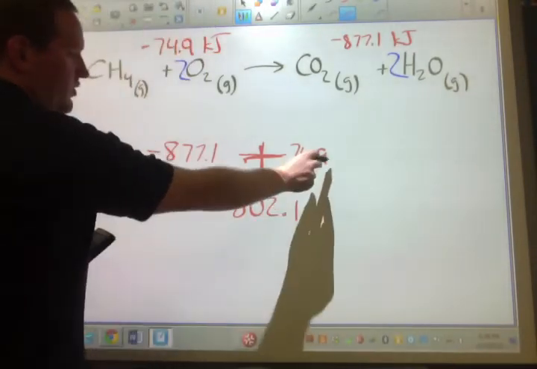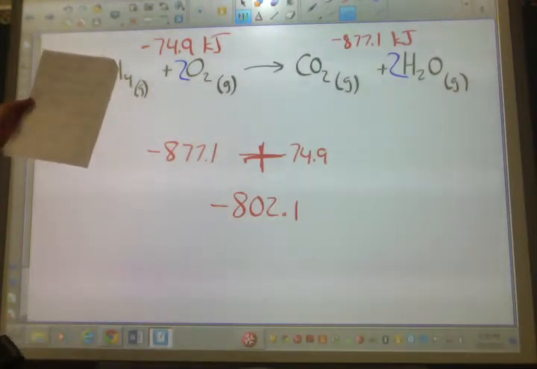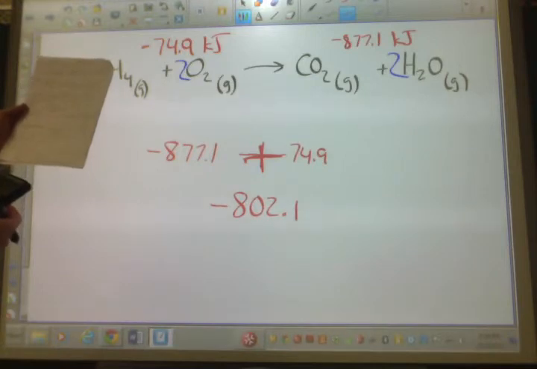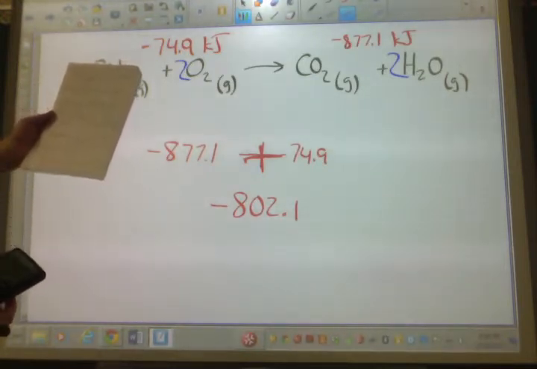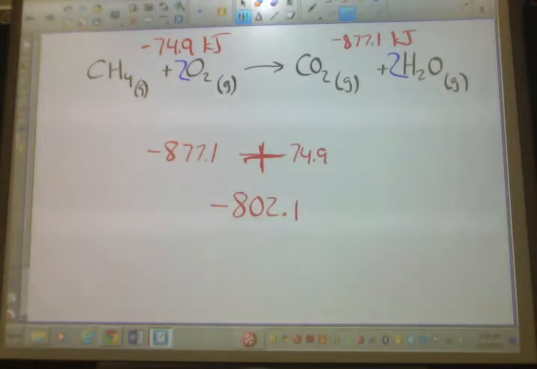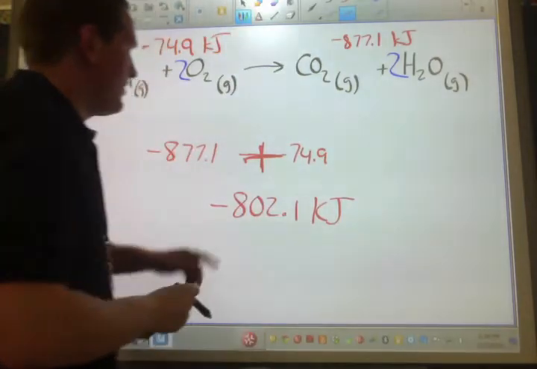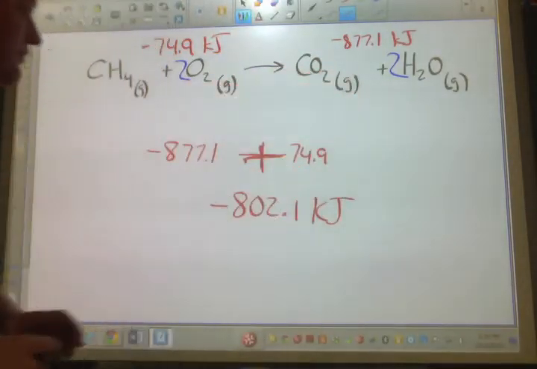I'm going to include the 0.1 because we're adding now. Just make sure I'm good on my answer key. I'm off by like 2 decimals at the end, but close enough. The unit here is kilojoules. So this reaction produces this much heat.